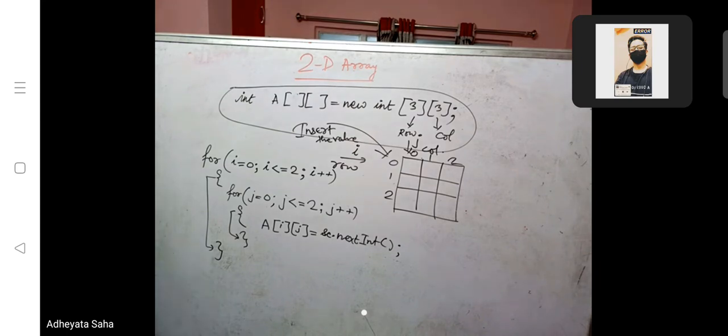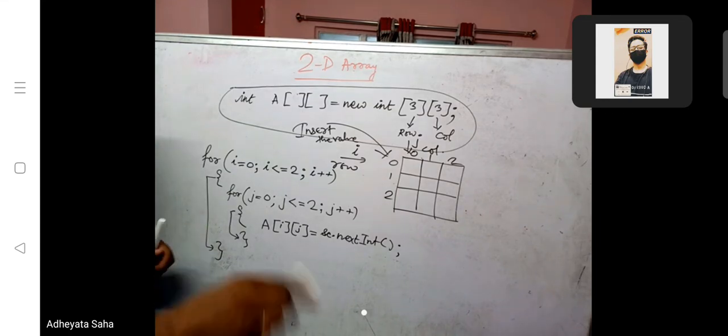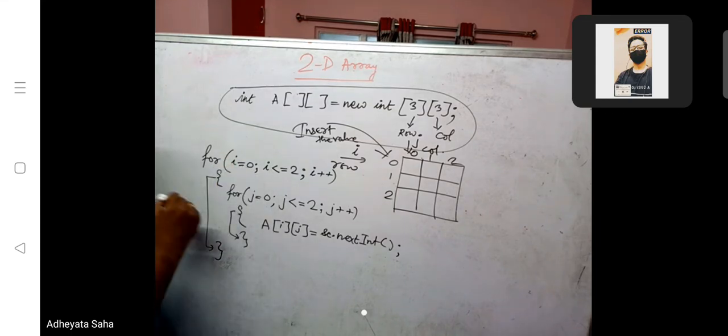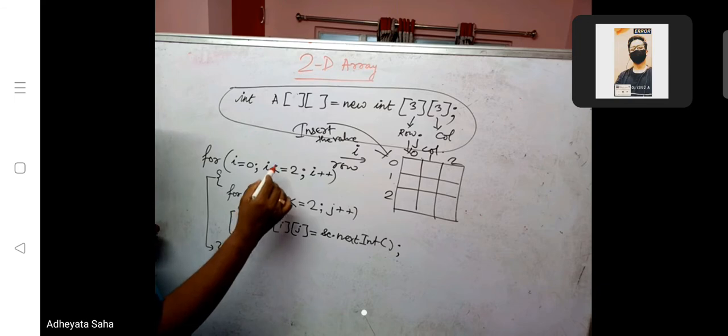So this will be the inner loop, then the outer loop. How does it work? i equals 0; 0 is less than or equal to 2, yes, so get inside.